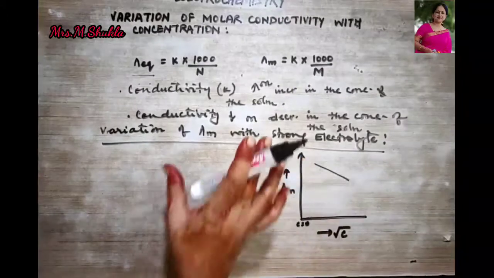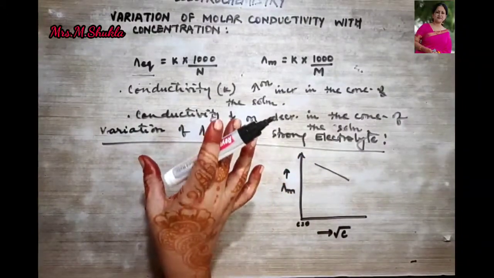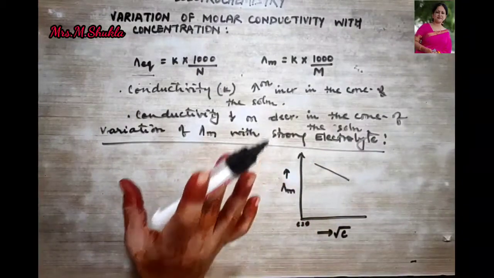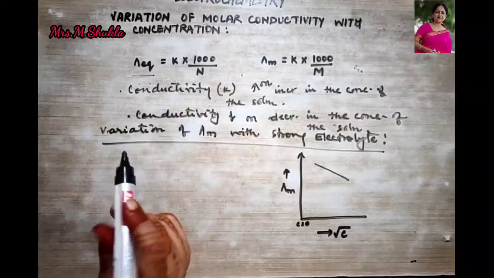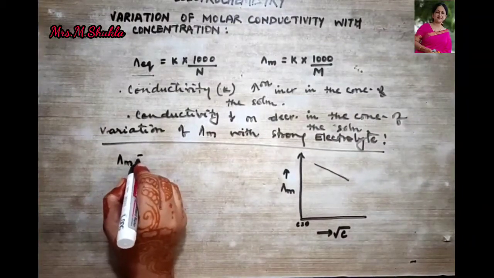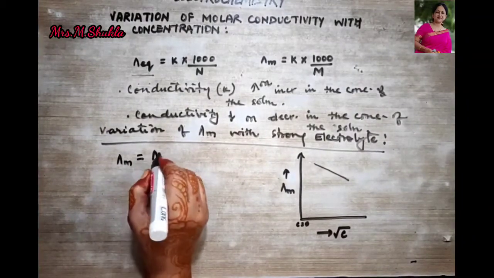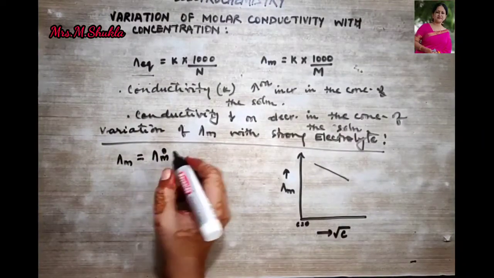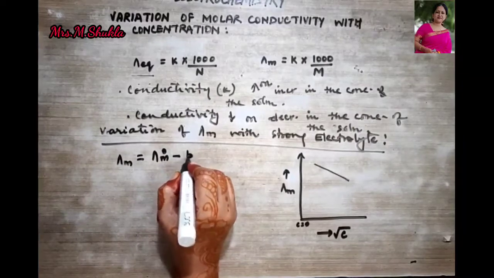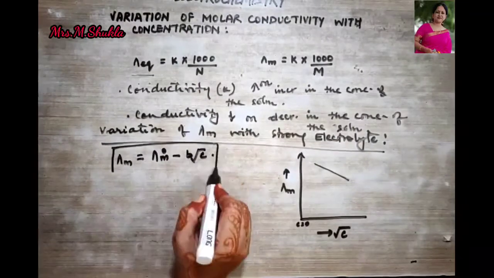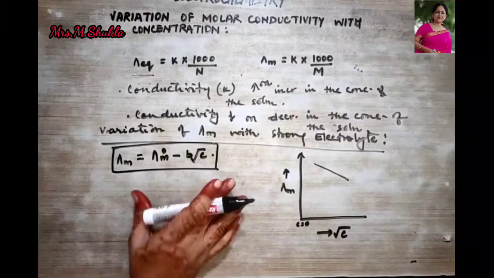This variation of molar conductivity of the solution of the strong electrolyte is given by an equation, right? The equation is: molar conductivity is equal to molar conductivity at infinite dilution minus B under root C. Okay, this is the equation.